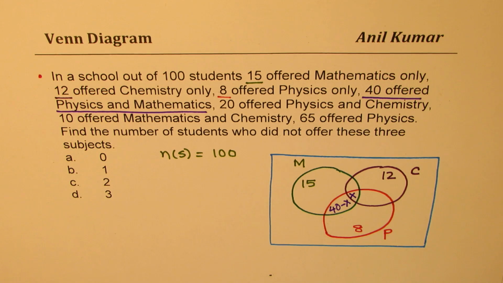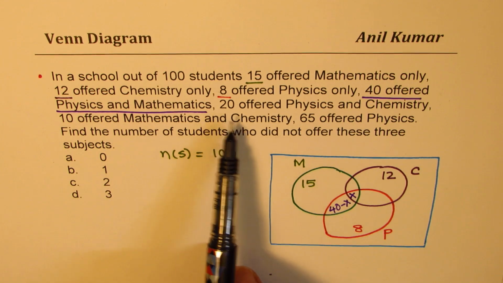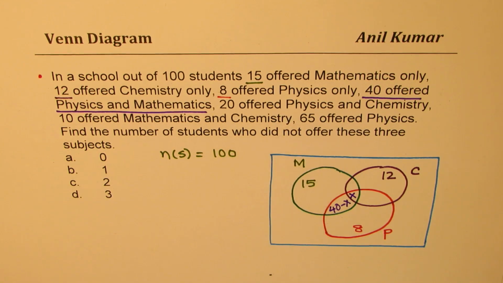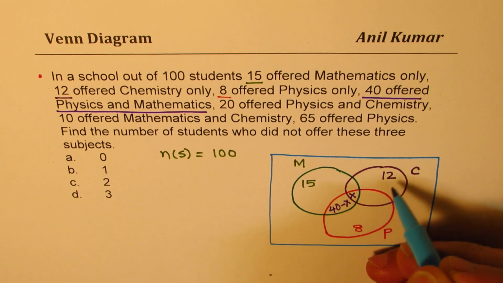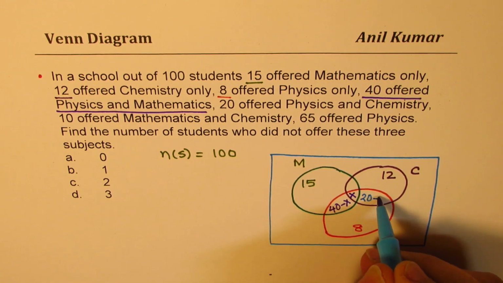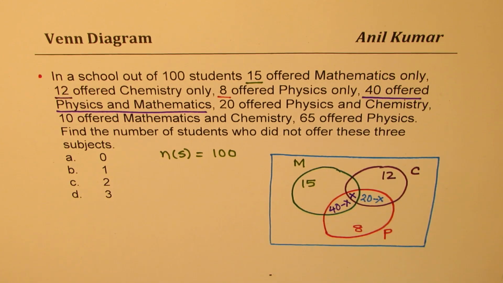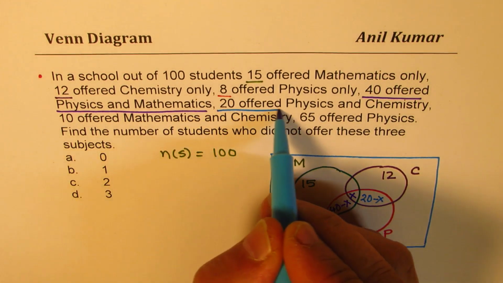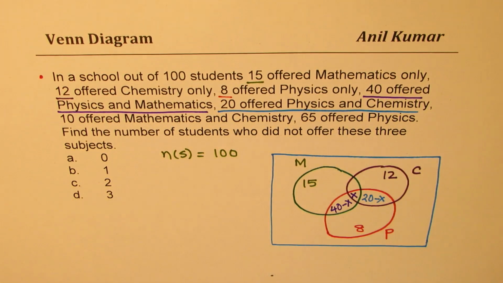Now, the next one given to us is 20 offered physics and chemistry. So physics and chemistry is 20. So we can write this as 20 minus X. So when you add these two, it becomes 20, right? So that is the trick involved. So that should work. So we have taken care of 20 offered physics and chemistry.